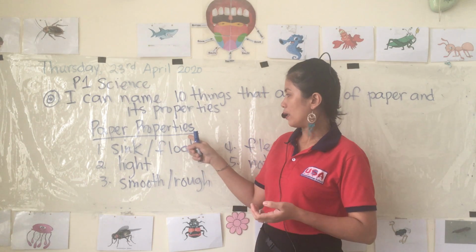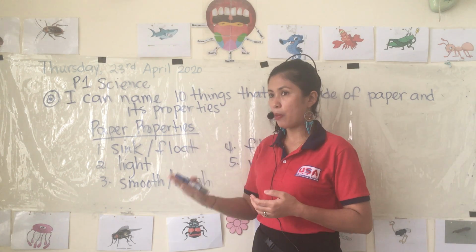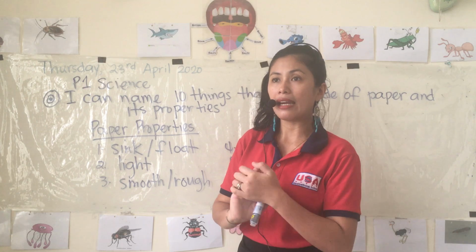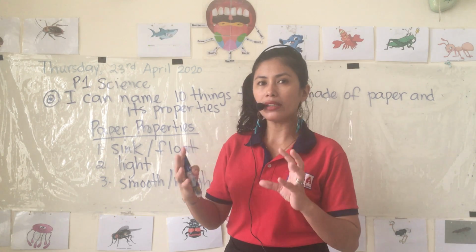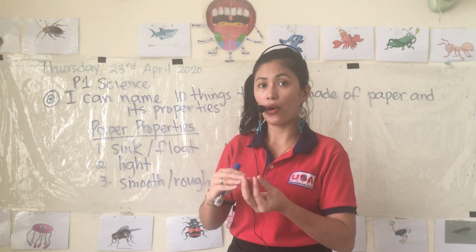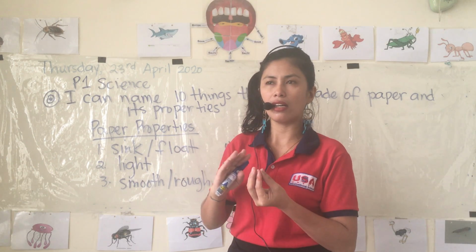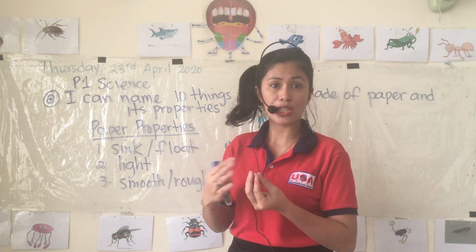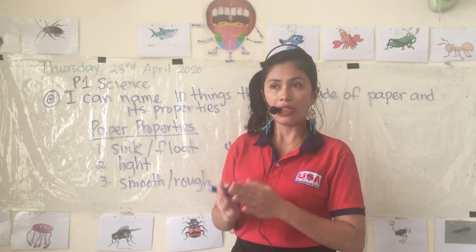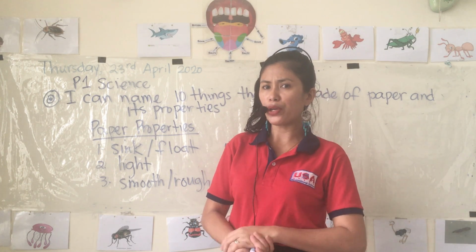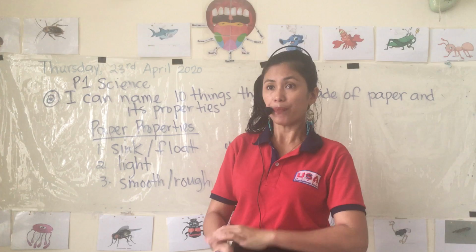So if we're talking about the properties of a material, it is the qualities of the material that you are going to distinguish, like how are you going to explain or describe a material? Like a paper, how are you going to describe a paper?